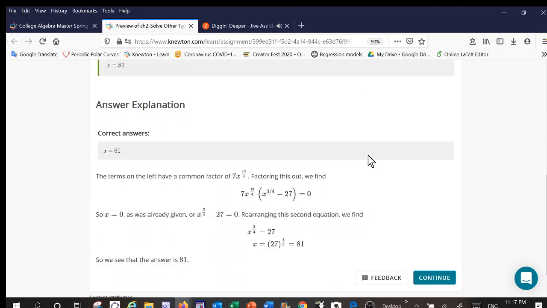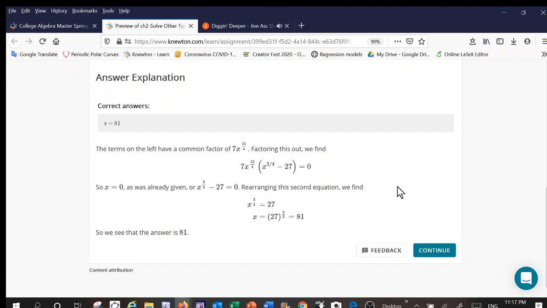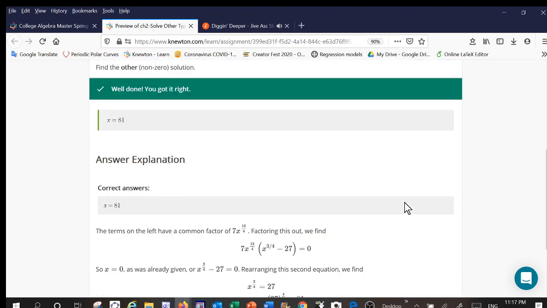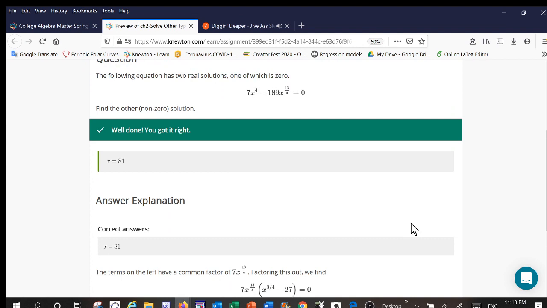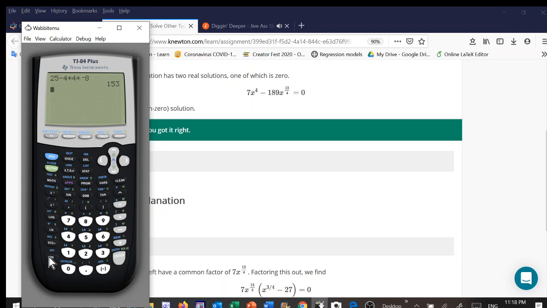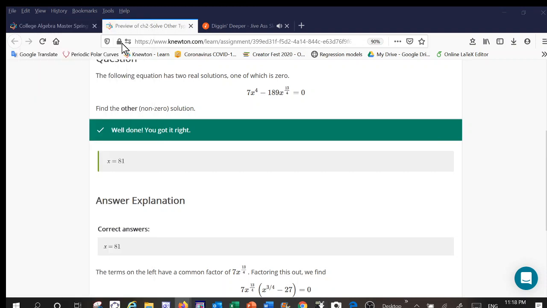So how do we take 13 over 4 out of it? Well, we factor it out. So let me write it here so I can do it. So if we take now 7 and 189, is 189 divisible by 7? Yes. So 189 divided by 7, we get 27. So it is. So we get 7.